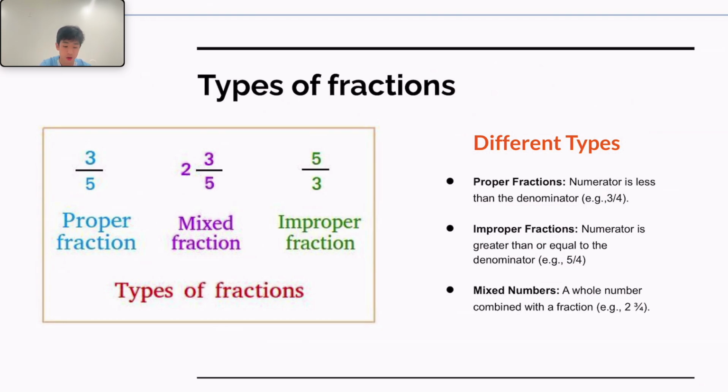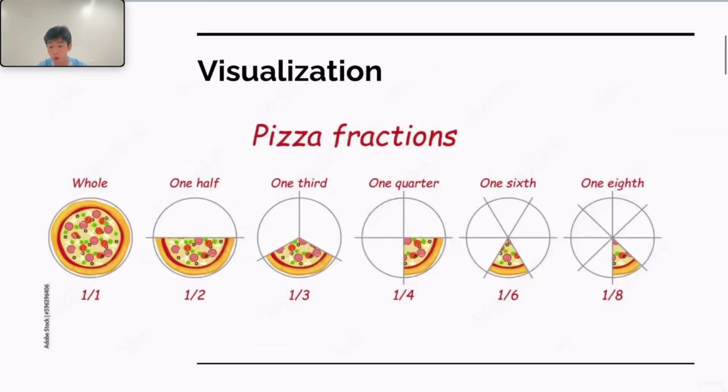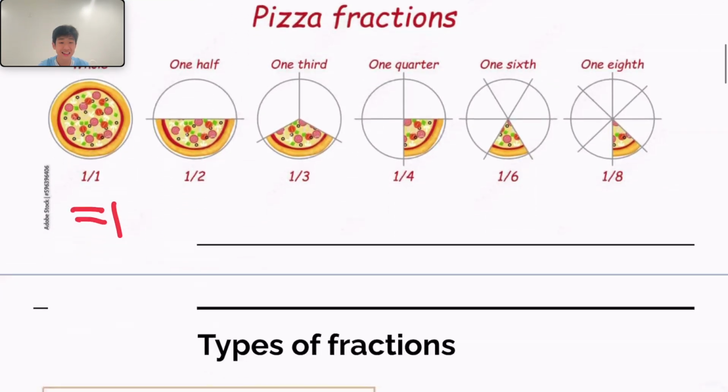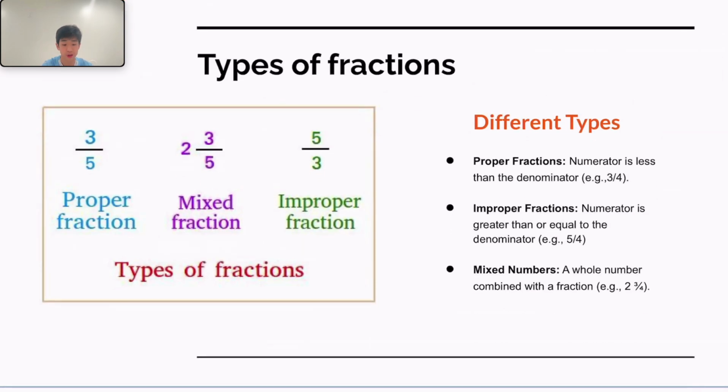An improper fraction can also be one where the numerator is equal to the denominator, as we see in the pizza example here. 1 over 1, the numerator is equal to the denominator, so this is simply 1. In any case, when the numerator is equal to the denominator, the result is always 1. Mixed numbers: a whole number combined with a fraction is a mixed number.